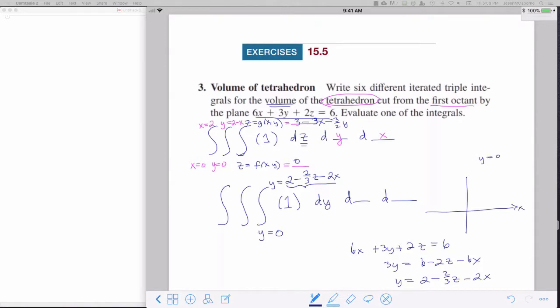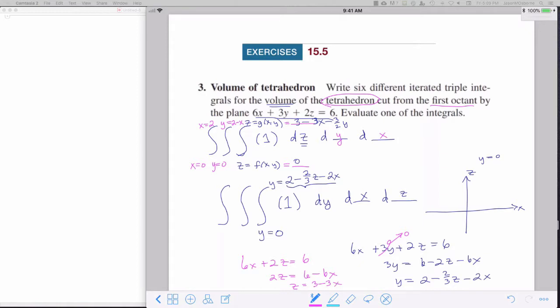So what's going on in the xz plane? If y is equal to 0, this piece will be 0, and you're left with 6x plus 2z equal to 6. So 2z is equal to 6 minus 6x, and z is equal to 3 minus 3x.